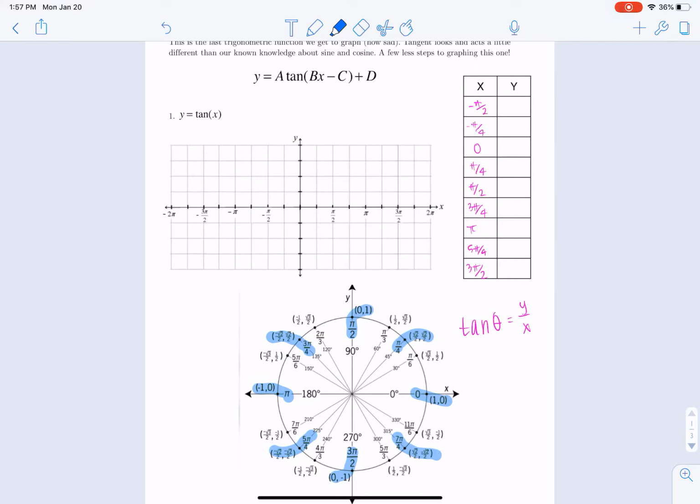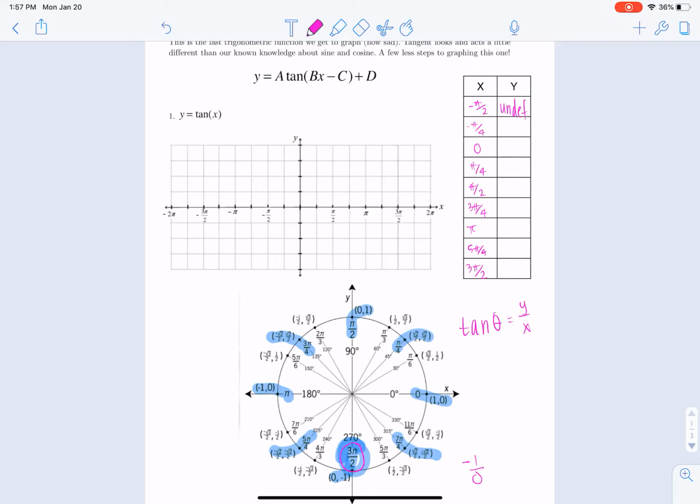Thinking about negative pi over 2, which we know is the same thing as 3 pi over 2 down here. If I were to do my y over my x, negative 1 divided by 0, that's going to get me something that's undefined.